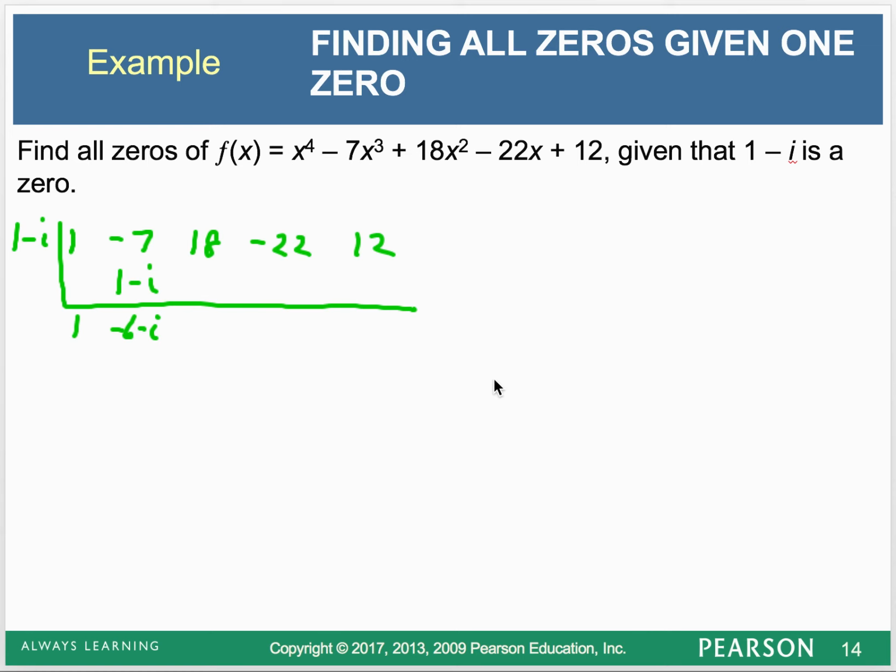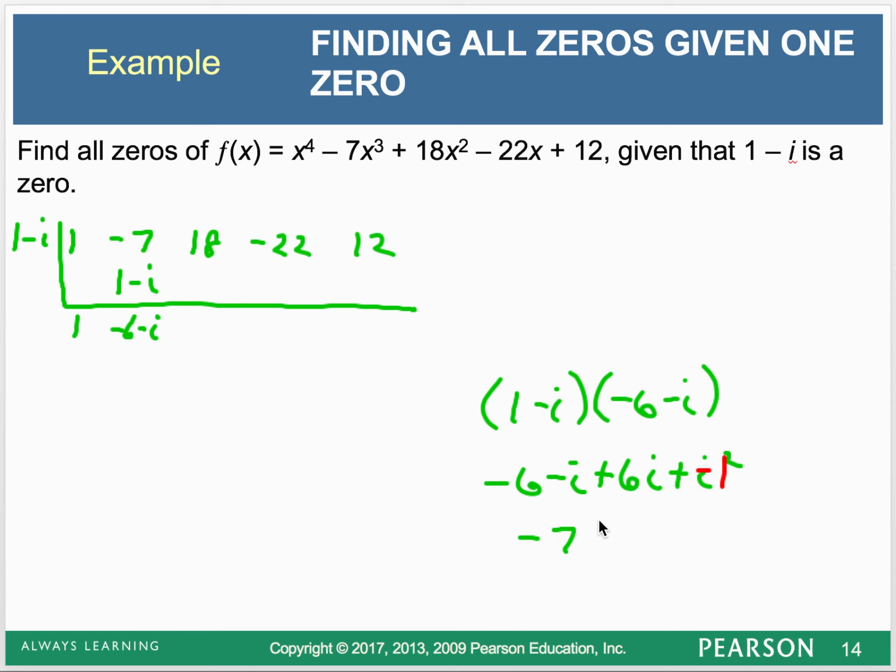So I might have to go over here to the side and see what is 1 minus i times -6 minus i. Okay, it's -6 minus i plus 6i plus i squared. But remember, every i squared is -1. So this is -6 minus 1, -7 plus 5i.